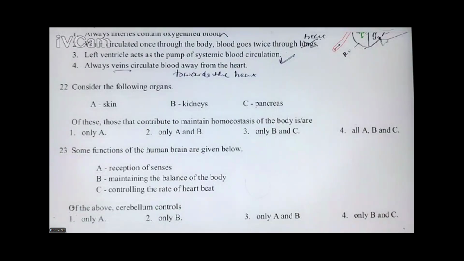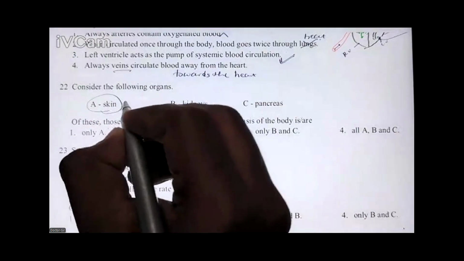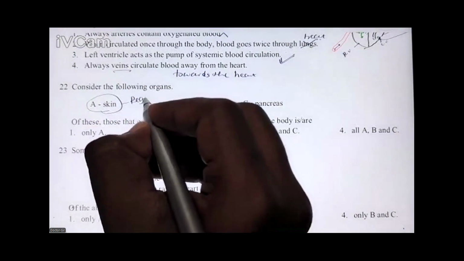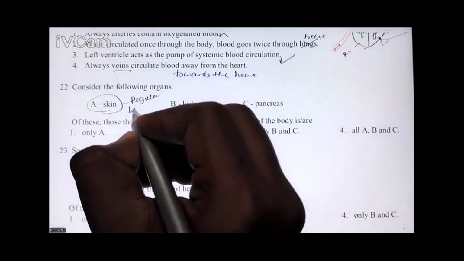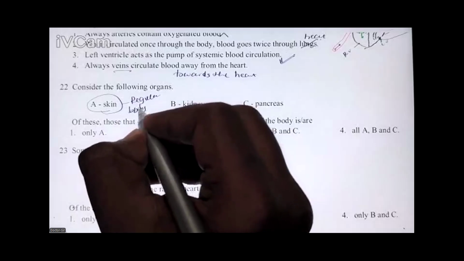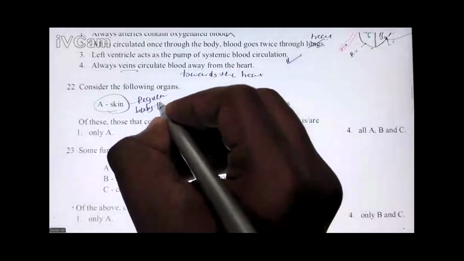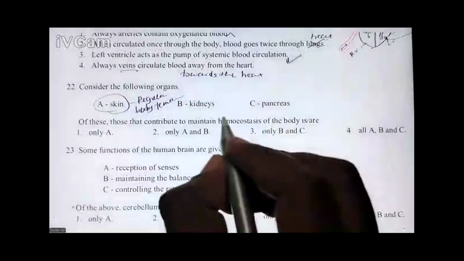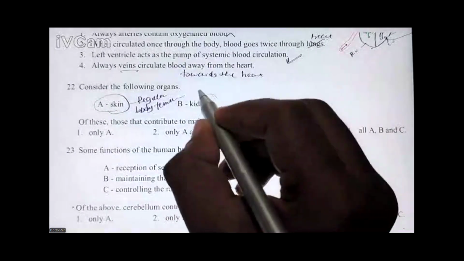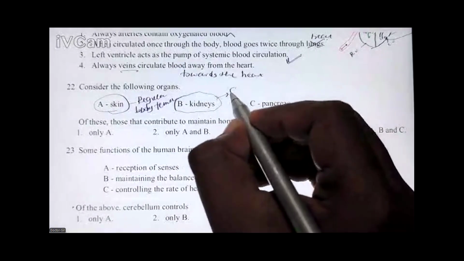Then question 22. Consider the following organs that maintain homeostasis. All these three are important for homeostasis. Skin is important to regulate body temperature. Kidney is important to maintain our fluid balance.